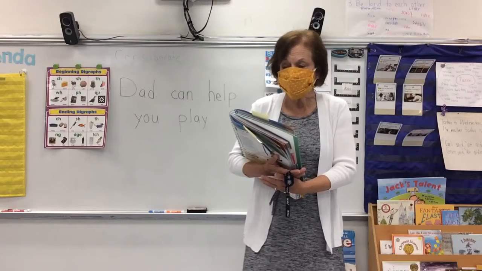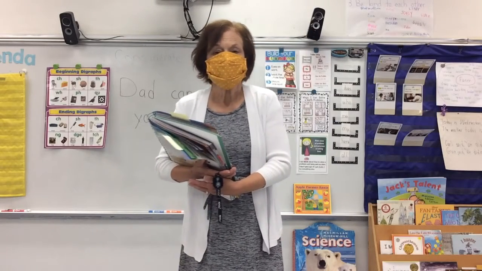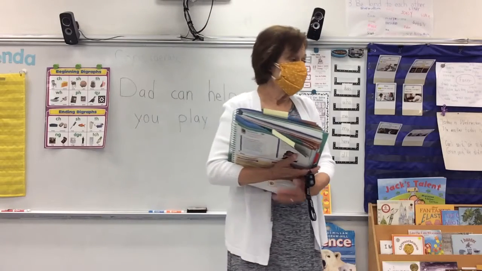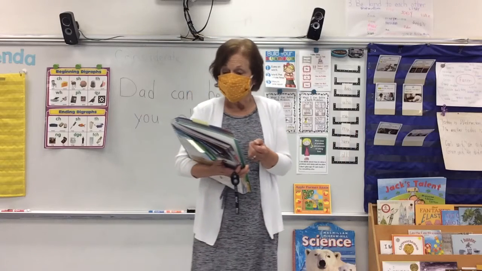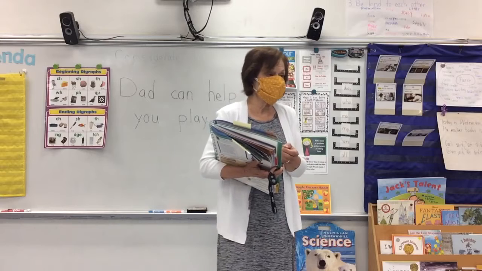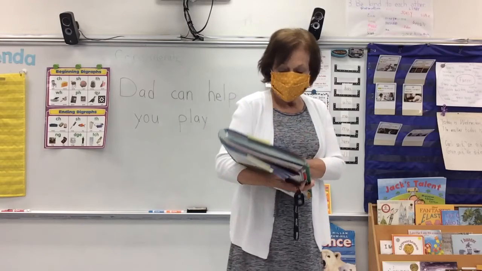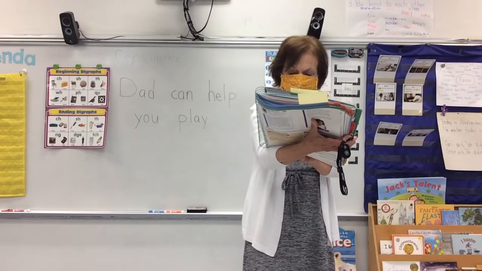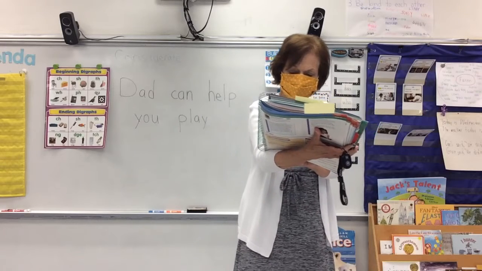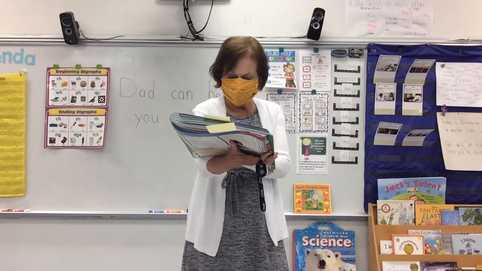How do you know they are at the pet shop? Because of the label. So the label helps you know what is in the picture. Looking at the picture and describing it helps you know. Those are the text features and the graphic features that help you know. They give you the information.